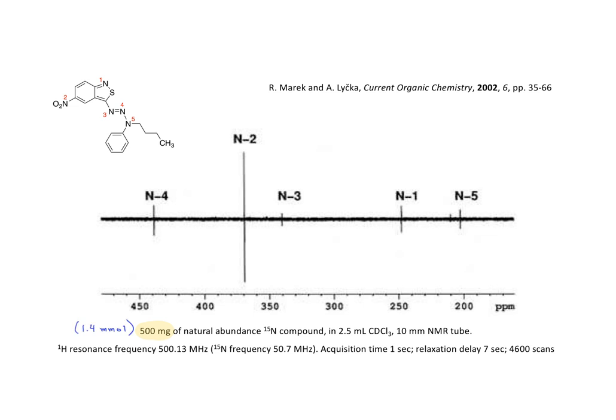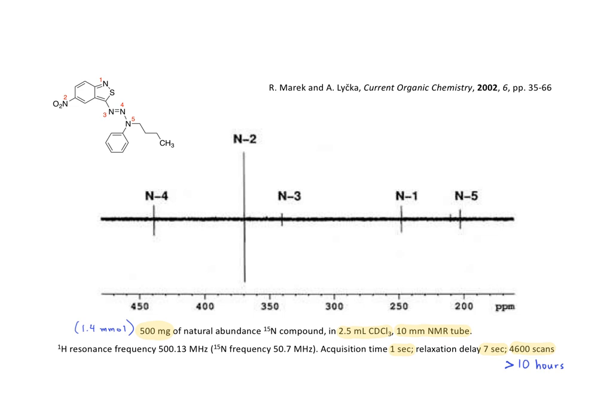This also requires fairly high concentration in CDCl3 and a wider diameter NMR tube. And the probe of the NMR instrument also needs to be able to accommodate these wider diameter tubes. The acquisition time of 1 second with a relaxation delay of 7 seconds, 4,600 scans, adds up to more than 10 hours of instrument time.